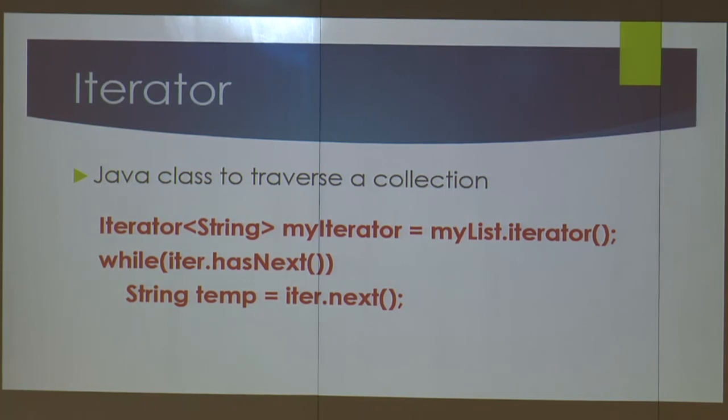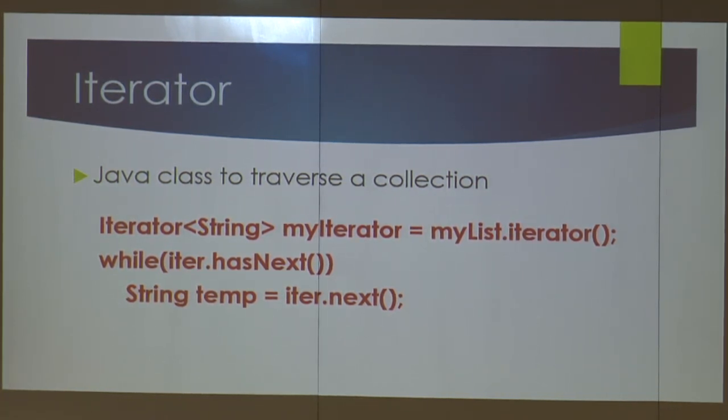And then an iterator is a special object, so it comes from a class that's already defined in Java that allows us to traverse a collection. And a collection is just something holding related information. It's like a list or a set or an ArrayList. So if we wanted to have an iterator that goes over strings, we could declare something like I have here: Iterator, angled bracket String, a name for the iterator, and then you have to say the collection or list that you're iterating over, dot operator, iterator.